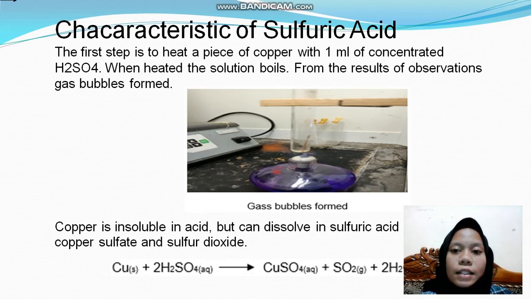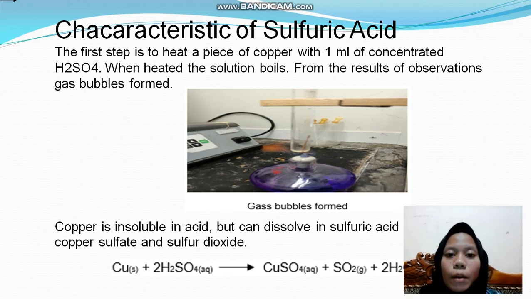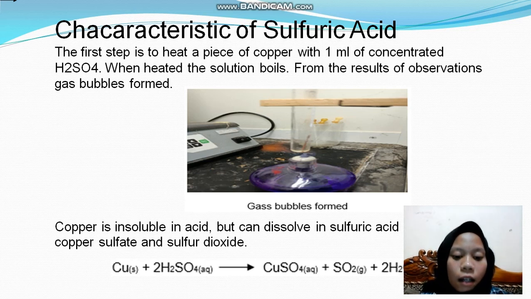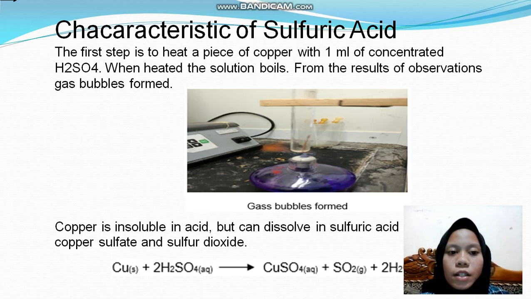Characteristics of sulfuric acid. The first step is to heat a piece of copper with 1 ml of concentrated sulfuric acid. When heated, the solution boils. From the result of observation, gas bubbles formed.